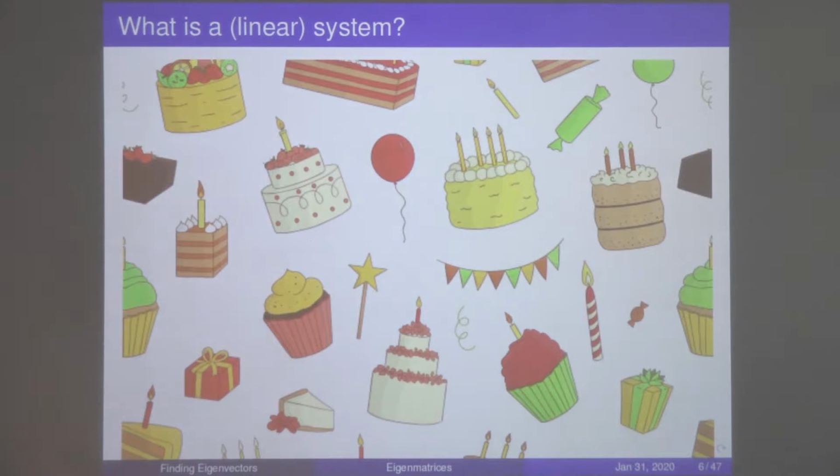And then let's try to understand what a linear system is. Let's say you go to a bakery and try to order a cake. I say, okay, give me a cake. And once I say that, the baker is going to give you a lot of options. This is like writing an equation with several variables: different types of cakes, several variables.